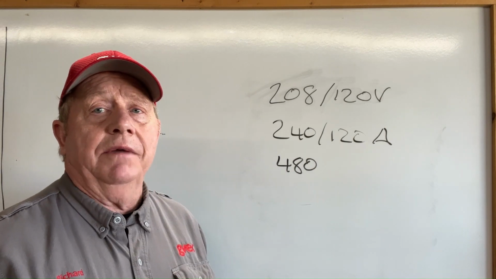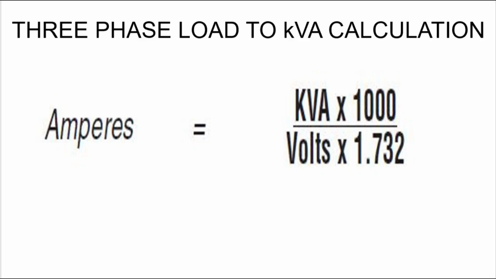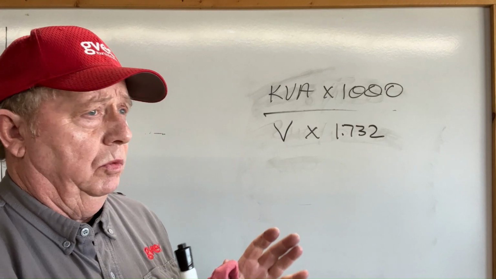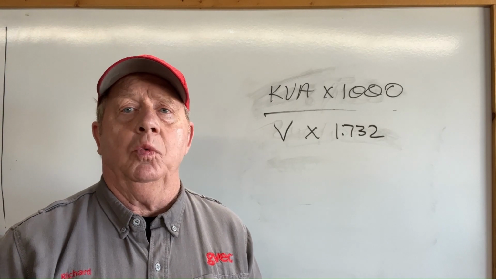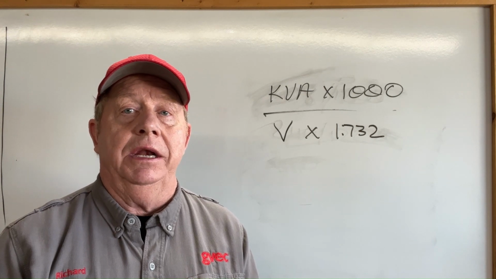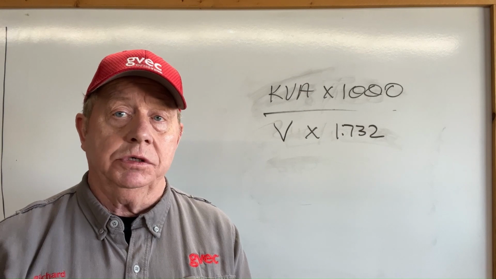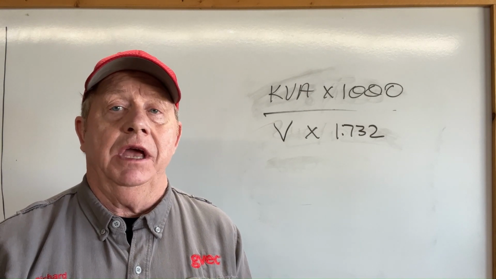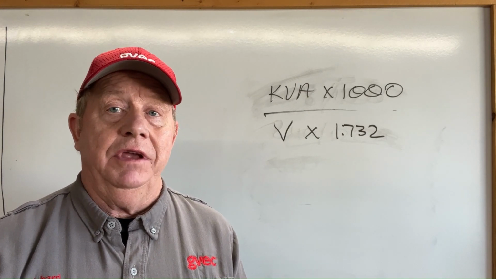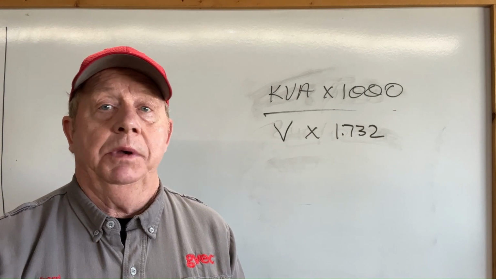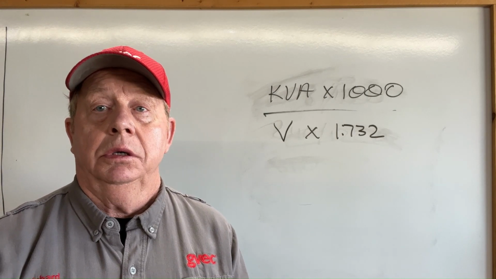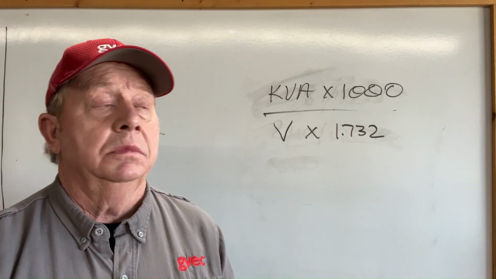The three-phase math that they teach you, when we talk about a three-phase transformer bank, we add all the kVA together. So if I have three 100 kVA transformers, I have 300 kVA. If I have a 300 kVA pad mount, it's built with three 100 kVA coils.